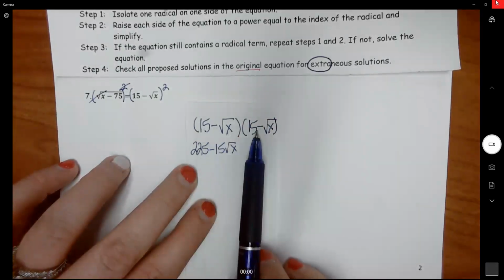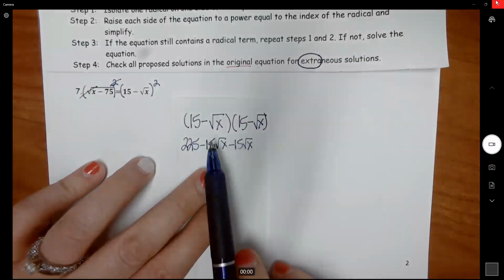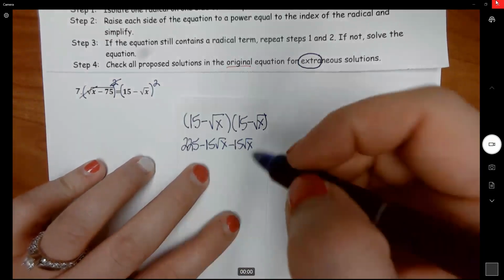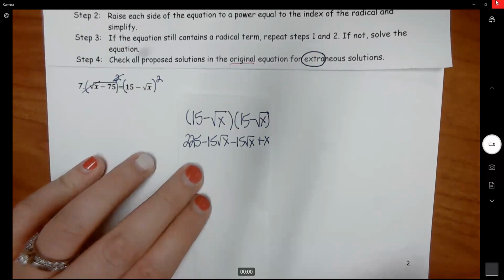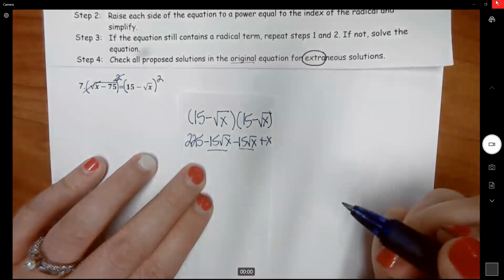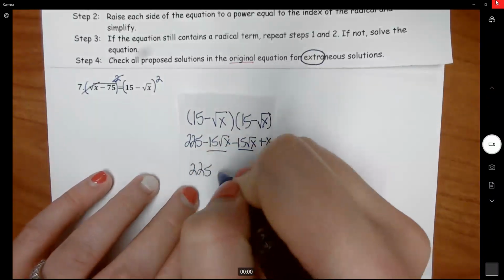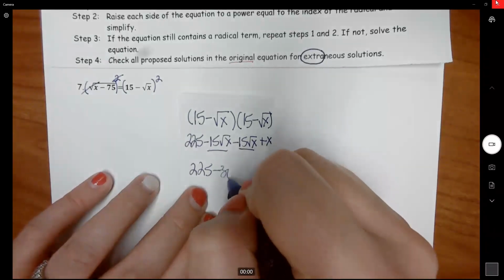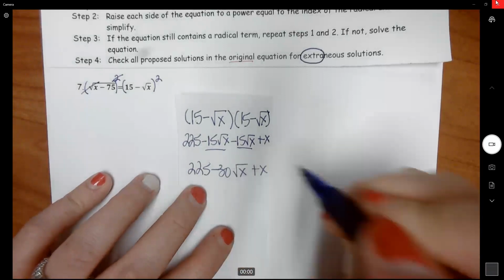Negative square root x times 15 is negative 15 square root x. And negative square root x times negative square root x is a positive x. Combine your like terms right here. And this is 225. Negative 15 minus 15 is not 0. That's negative 30 square root x. And then plus x.